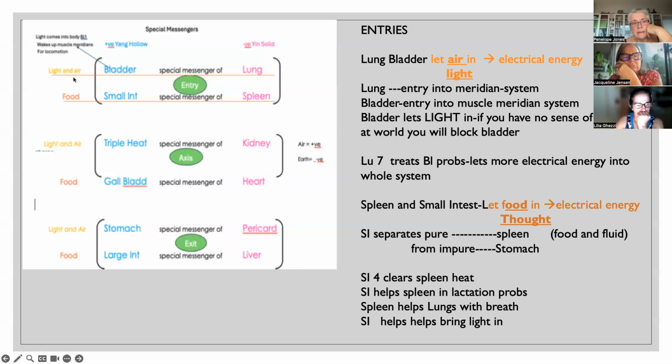And that helps. So is that chart sort of explanatory? Can you understand the chart that I've done? Does that make sense?